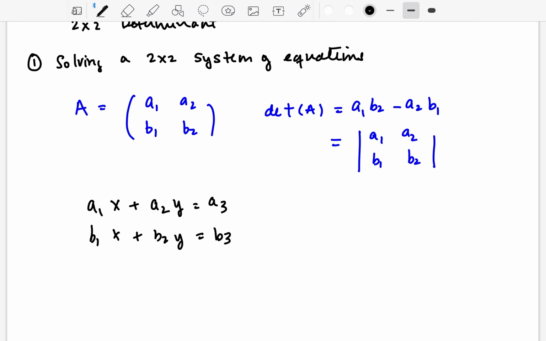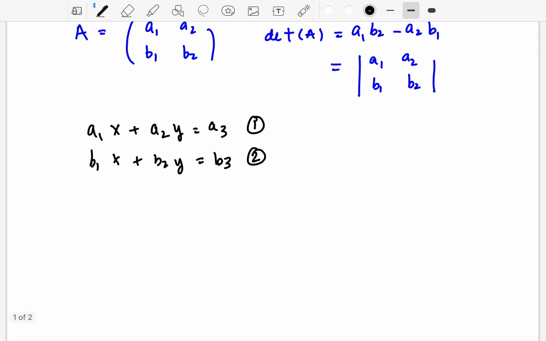So what you do is multiply the first equation by b1 and the second equation by a1 so that you can get rid of the first variable x. Then you solve for y. So conveniently, I'm going to do the second equation multiplied by a1 minus the first equation multiplied by b1.